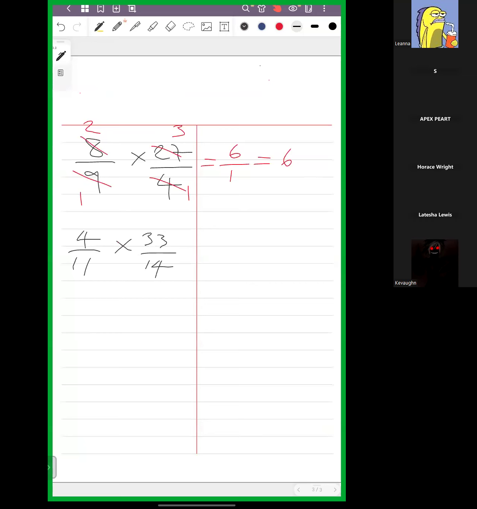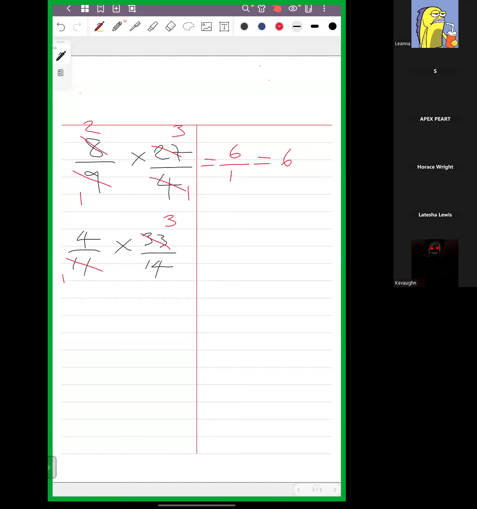All right, so back to the question. So we have 4 over 11 multiplied by 33 over 14. Now, right away, if we look carefully, you will realize that 33 can be divided by 11. And that will go 3 times. And 11 will divide into itself 1 time. But look across to the next diagonal, you'll realize that 4 cannot go into 14.